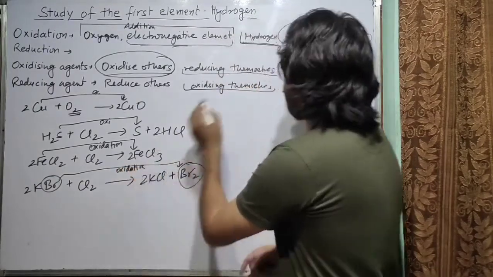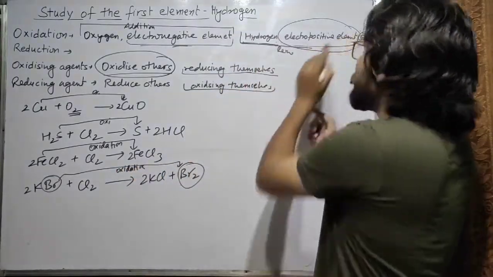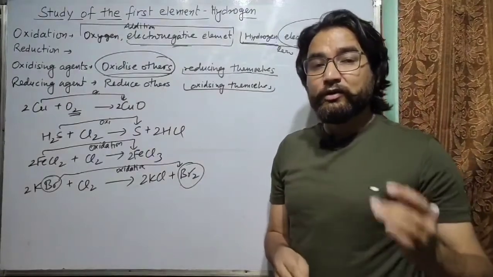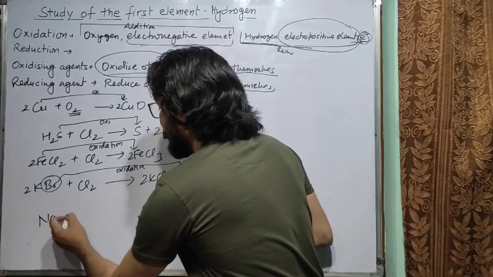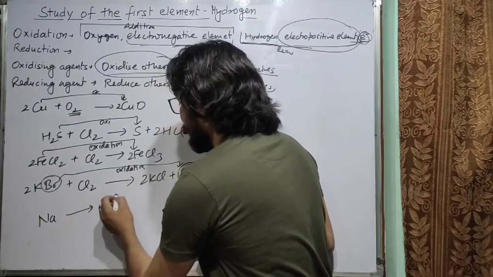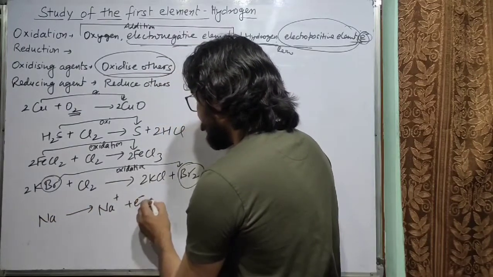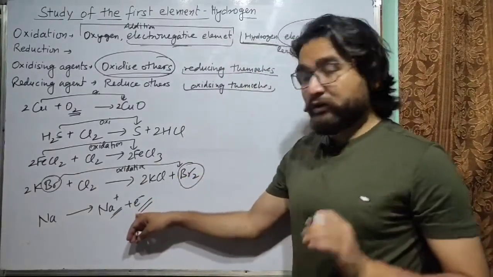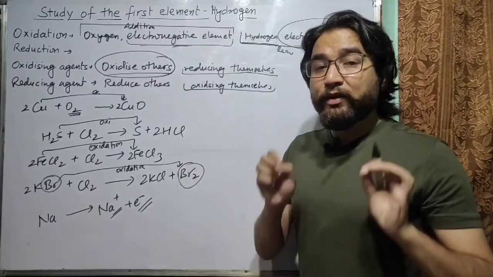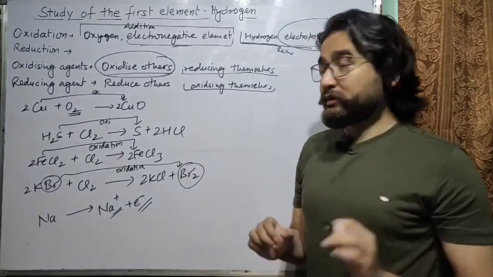And at last we have the removal of electron. Removal of electron is also known as oxidation. For example, if a sodium atom is losing an electron to form Na plus ion, it is oxidation because an electron has been removed. So removal of electron is also oxidation.